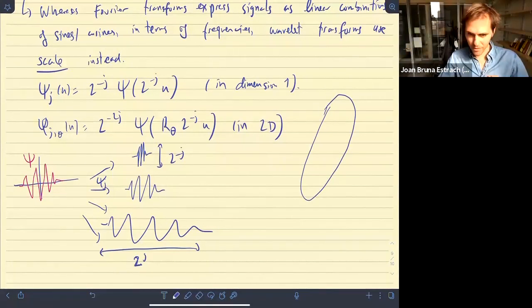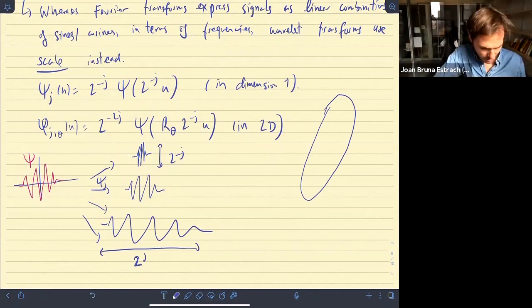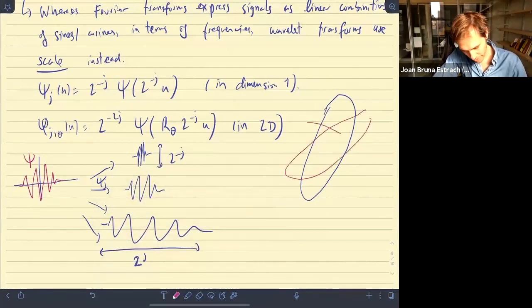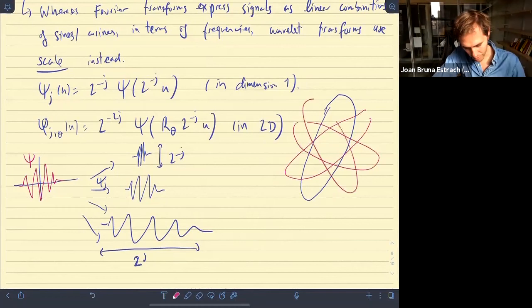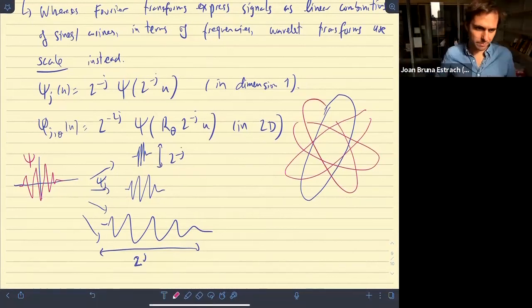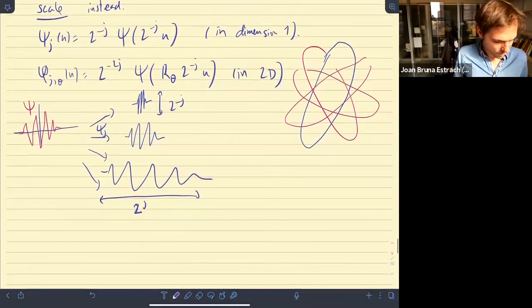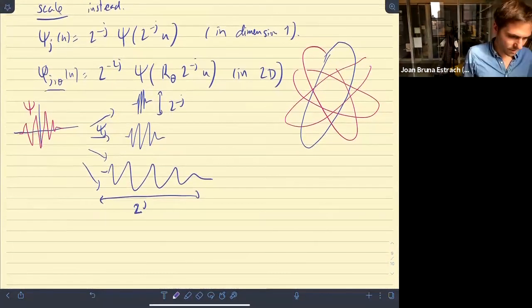Think of a sine and cosine oriented along a certain direction. Whenever you apply a rotation, you can place the wavelet according to different orientations, and then you can also make it bigger or smaller. These are the 2 parameters.